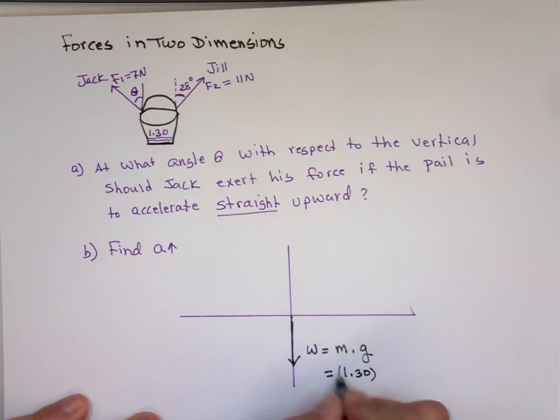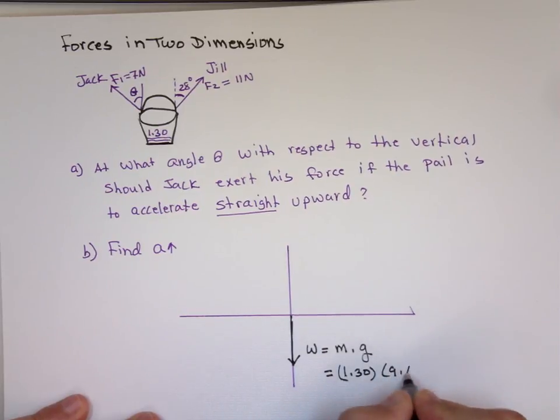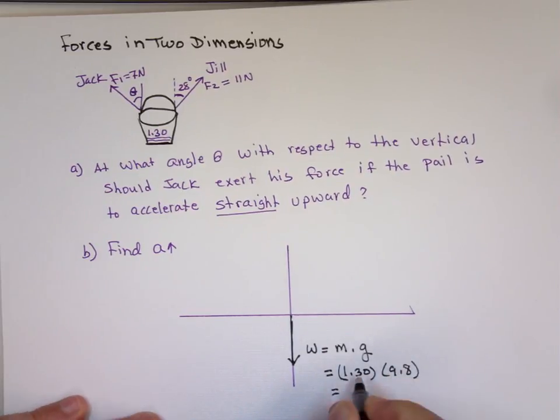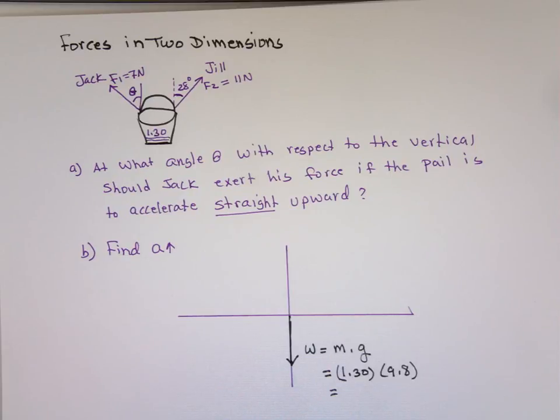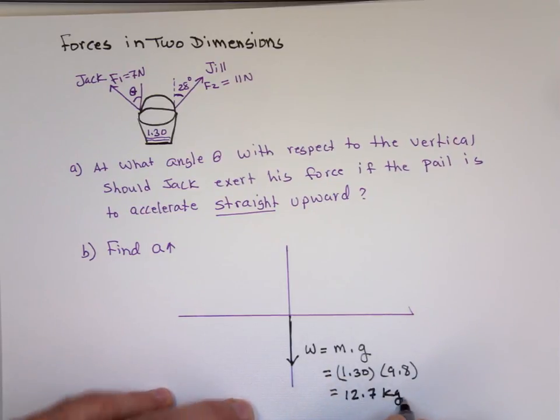And what's gravity? 9.8. So 1.30 times 9.8, which is 12.74. How about 12.7 Newton? It's probably 12.8 if I use 9.81, but that's fine.